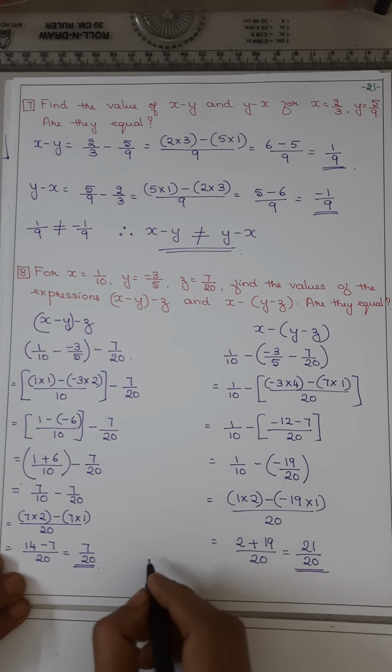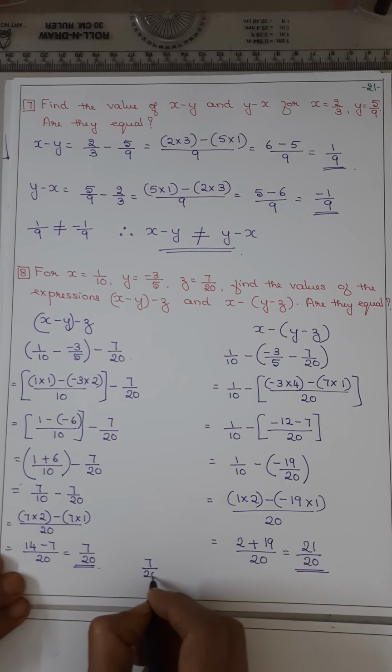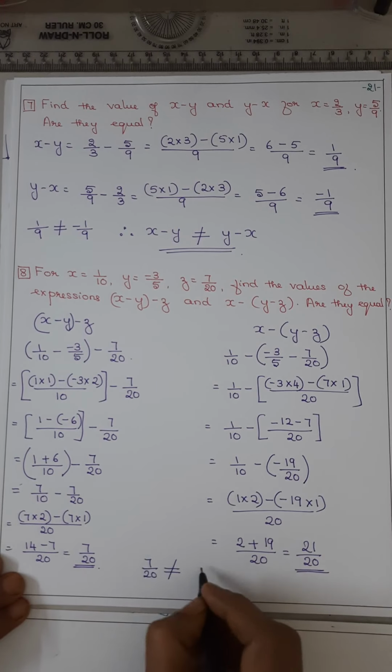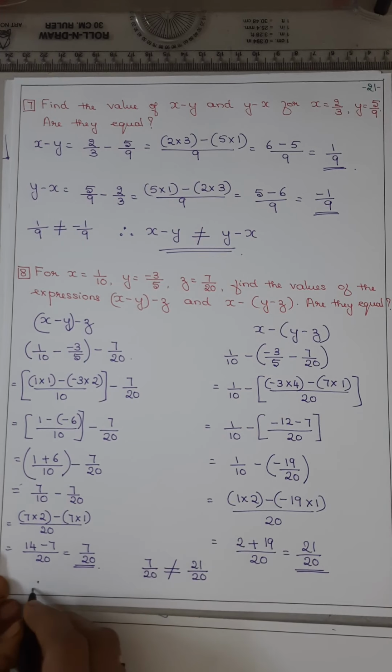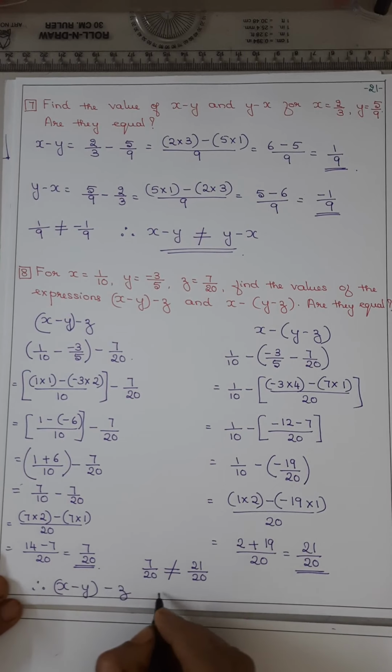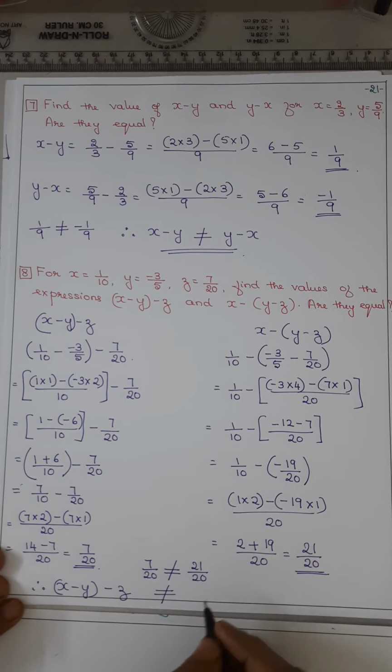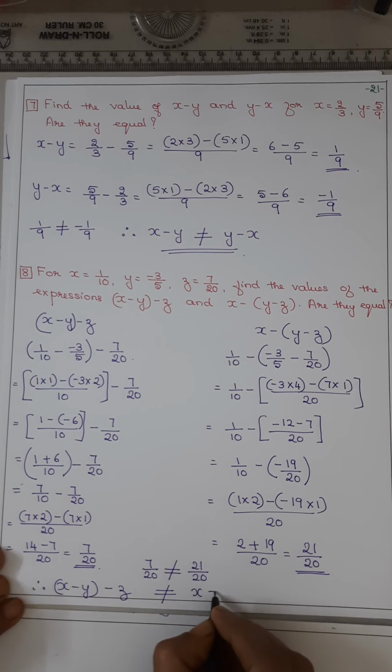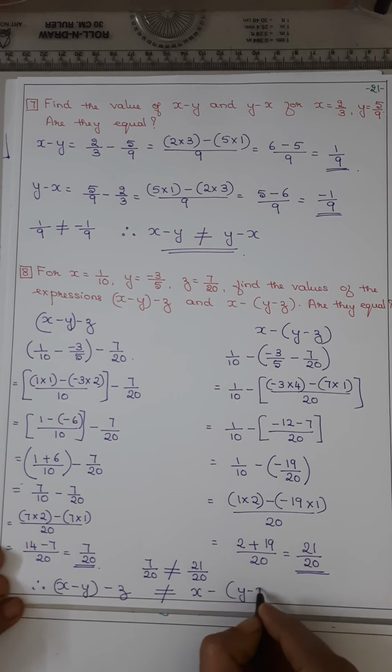That means what? 7 by 20 is not equal to 21 upon 20. Therefore, x minus y minus z is not equal to x minus y minus z.